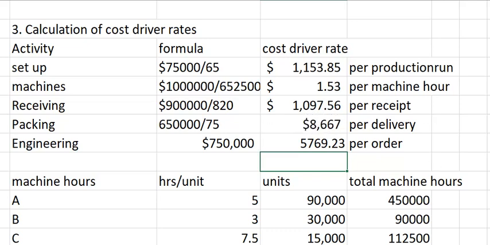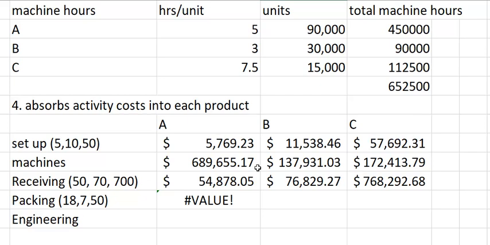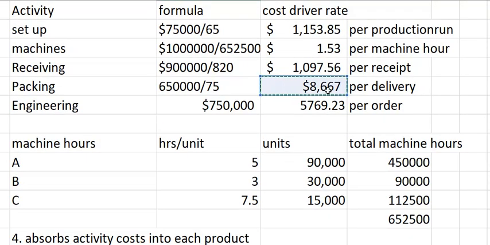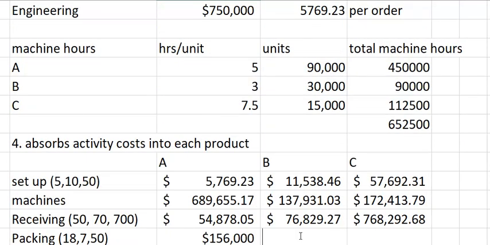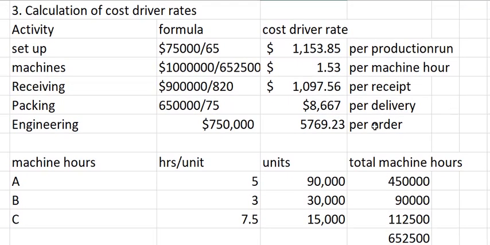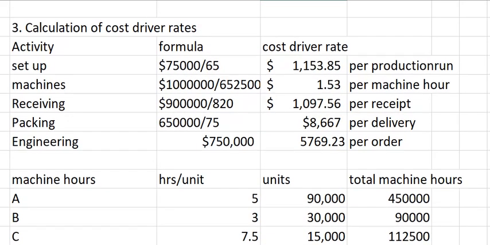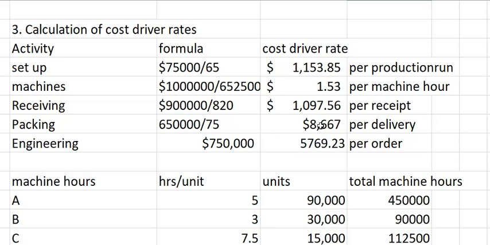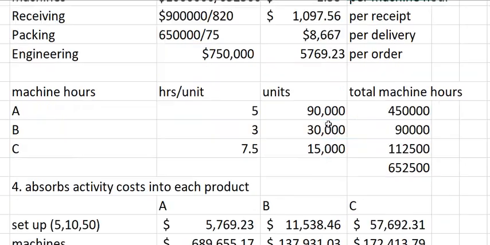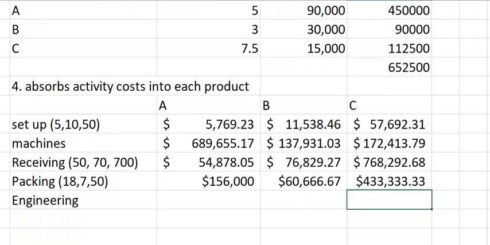Oh, something has gone wrong. Let me start over again. So 18 multiplied by 8667. That's it. And here it will be 7 for B times that. And here it will be 50 times that. Okay, any questions, let me know.